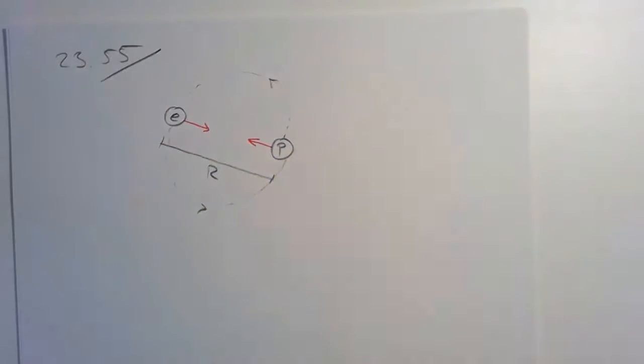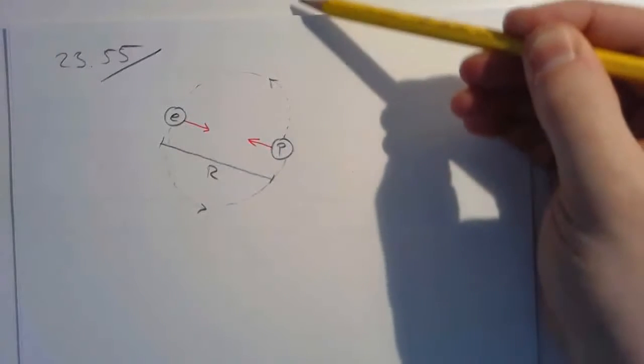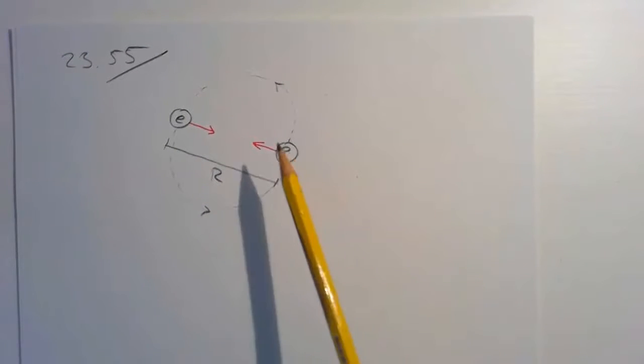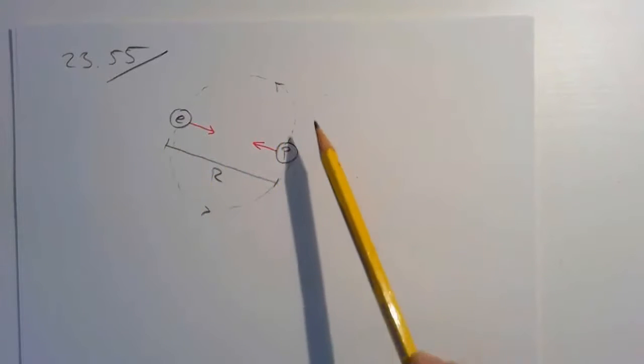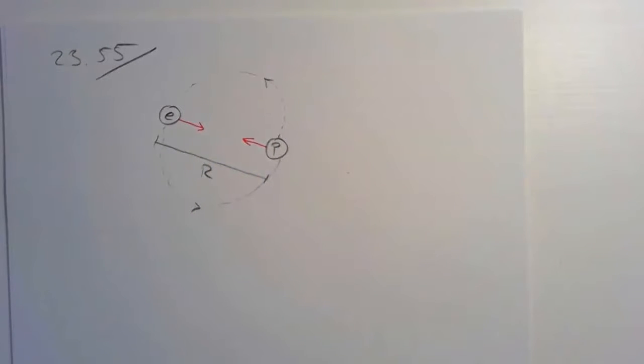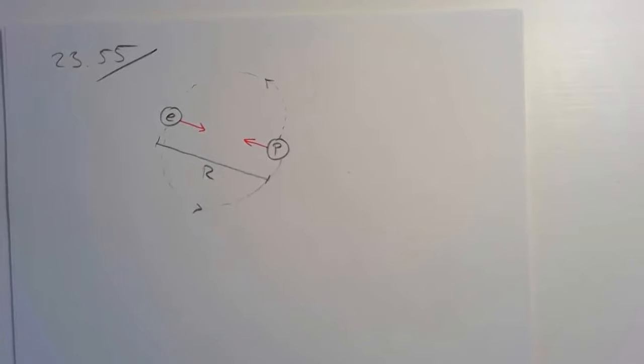So this one might shoot off this way, this one might shoot off like this, and that's that. But to go in a circle and continue to do so, they need to go at a very precise speed. Let's figure out what that speed is, and then use our insight from finding the speed to find the frequency.